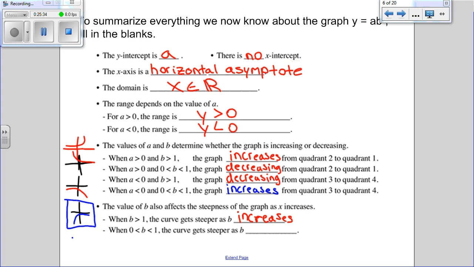Now when you're the other way, and you're less than 1, then it's getting steeper the closer it gets to 0. So when b is in between 0 and 1, the curve gets steeper as b decreases. Because it's getting closer and closer to 0, which makes it sharper and sharper and sharper. This page basically tells you everything you need to know about exponential graphs. Like, all your info is there.